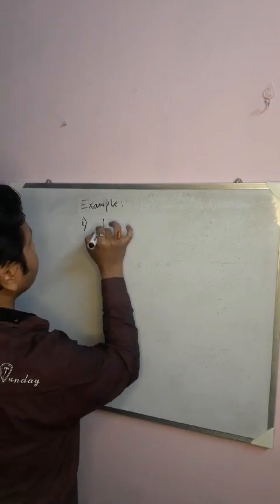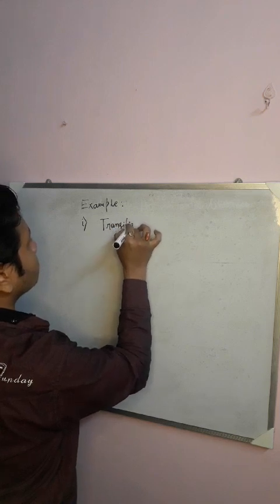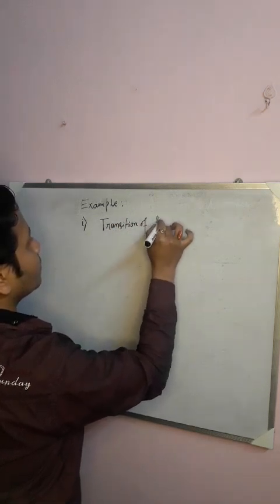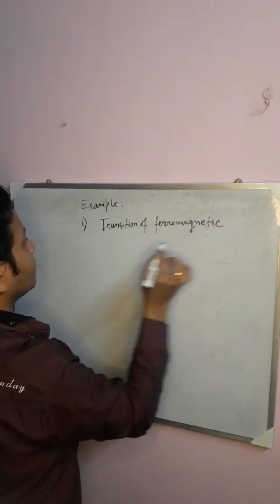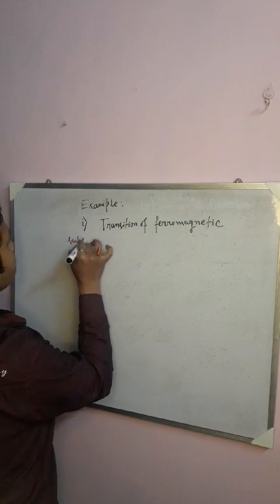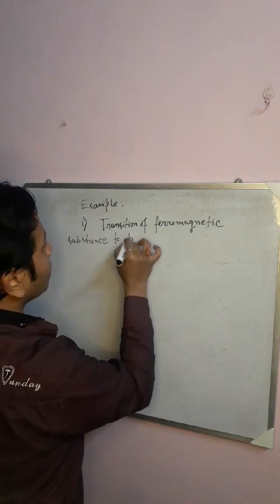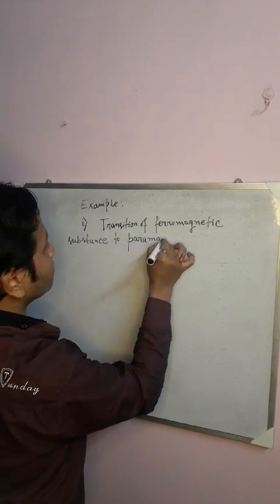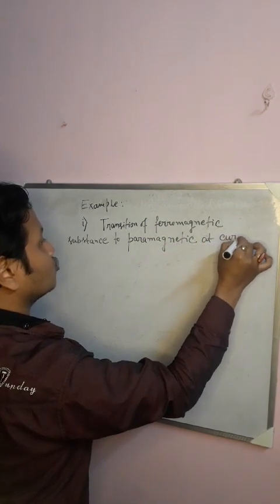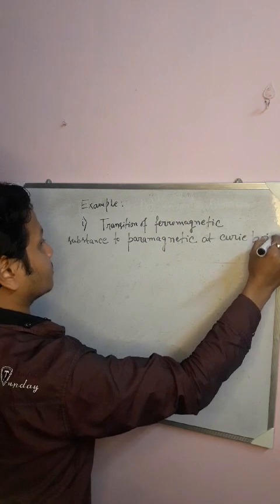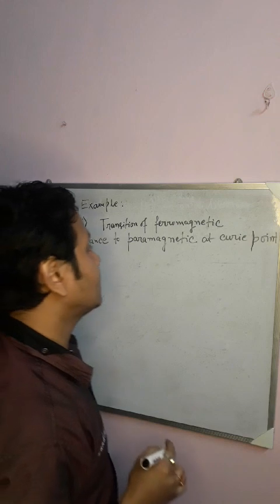So one example is the transition of a ferromagnetic substance to paramagnetic at the Curie point.